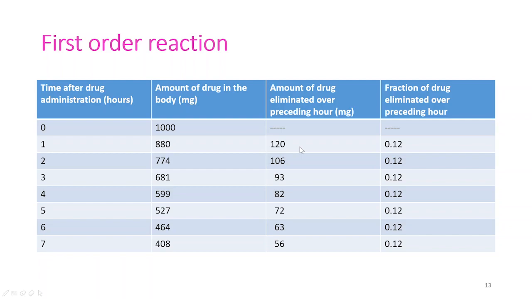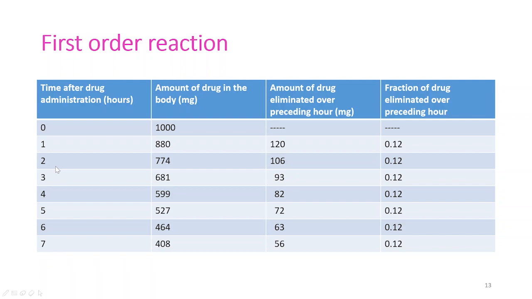After another hour, the 880 becomes 774. If we deduct 774 from the 880, the answer would be 106, meaning 106 milligram is eliminated at the second hour.